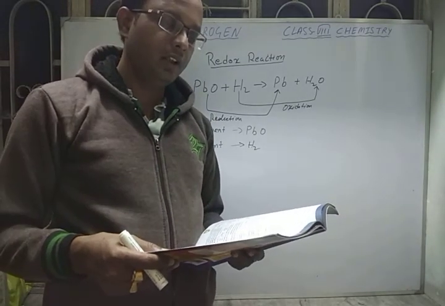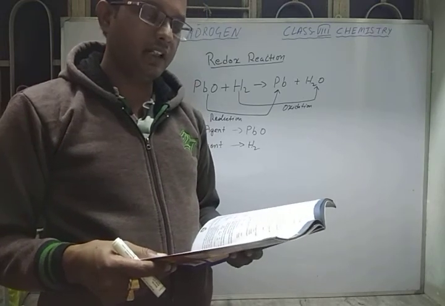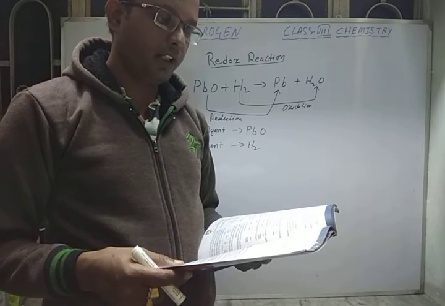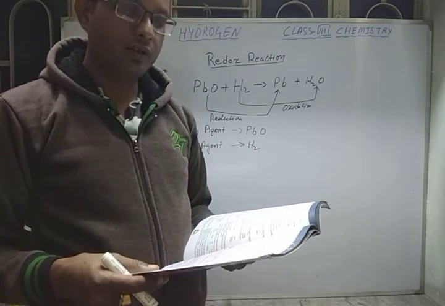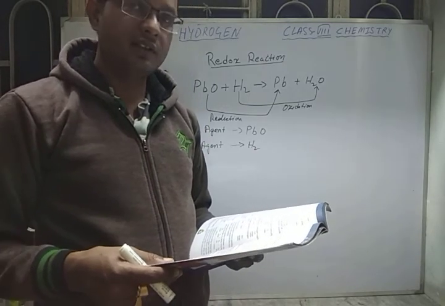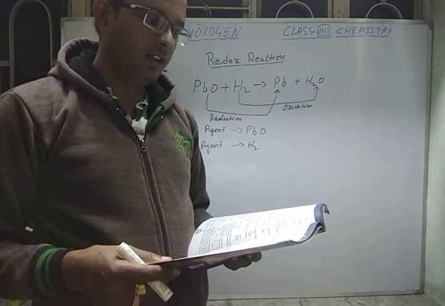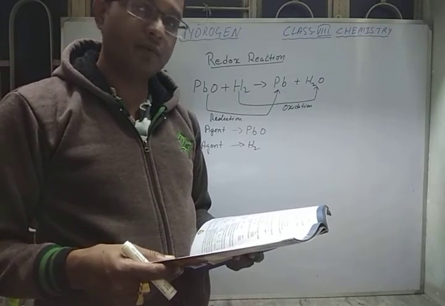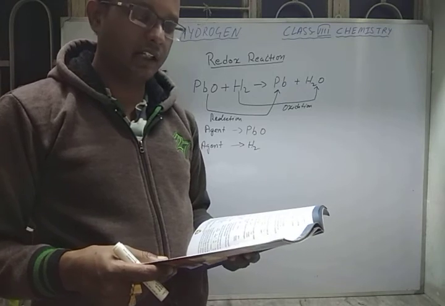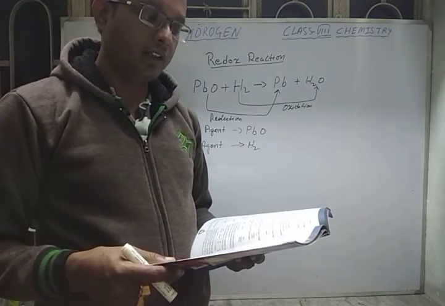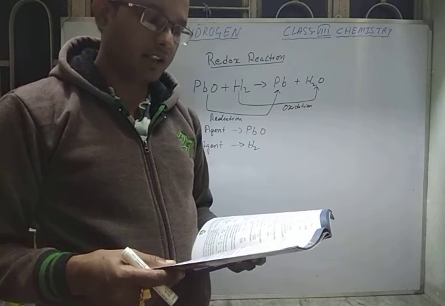For example, here is one example: zinc plus chlorine gives zinc chloride. What happened here? Zinc lost 2 electrons to form zinc ion. This is the oxidation, whereas chlorine accepts 2 electrons, or gains electrons, to form an electronegative ion. So it is a reduction reaction.